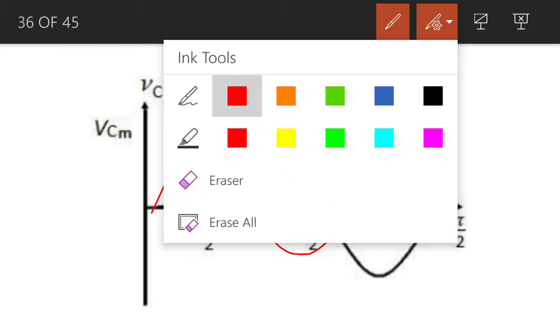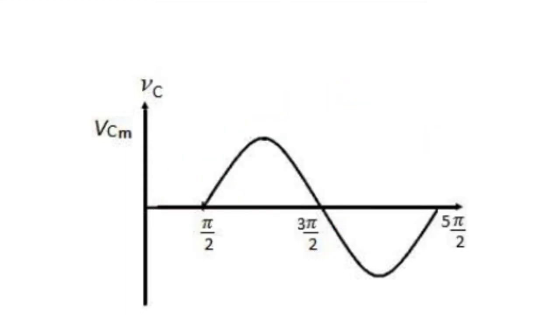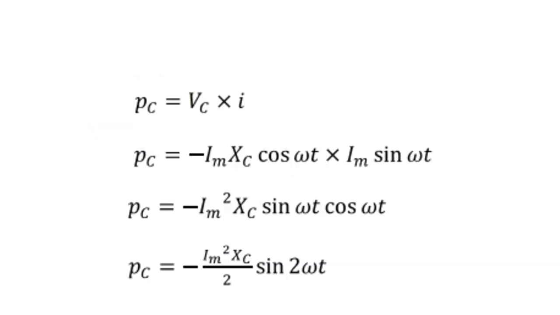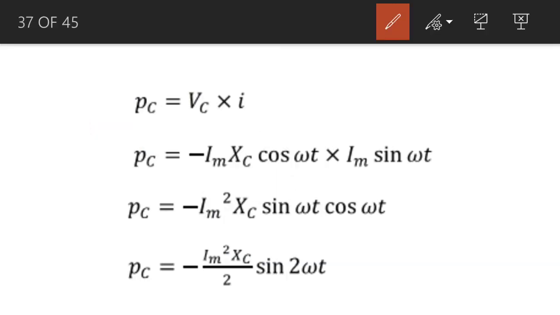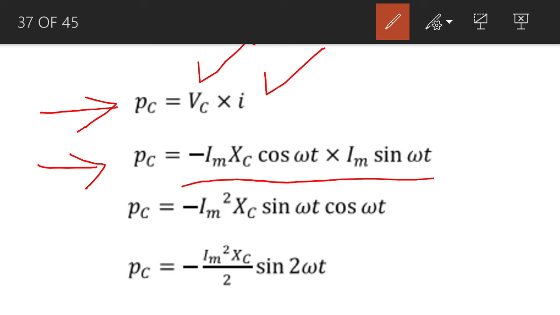We want to calculate the power which is taken by the capacitor from the AC voltage source. So we can compute this power with the help of this particular equation. If we put the values of the voltage across the capacitor and the current on the right hand side, we get this particular equation.